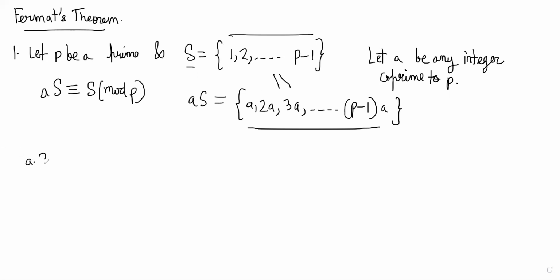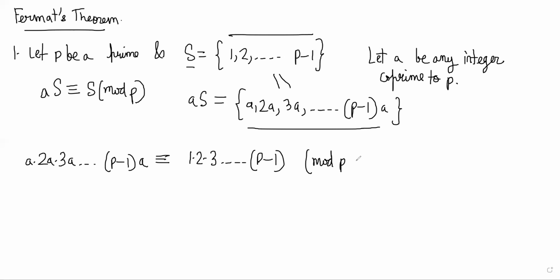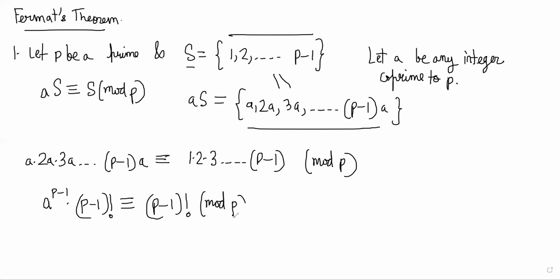So A into 2A into 3A multiplied till P minus 1 times A should be congruent to 1 into 2 into 3 till P minus 1 mod P. And this part becomes A power P minus 1, and P minus 1 factorial is congruent to P minus 1 factorial mod P, right?